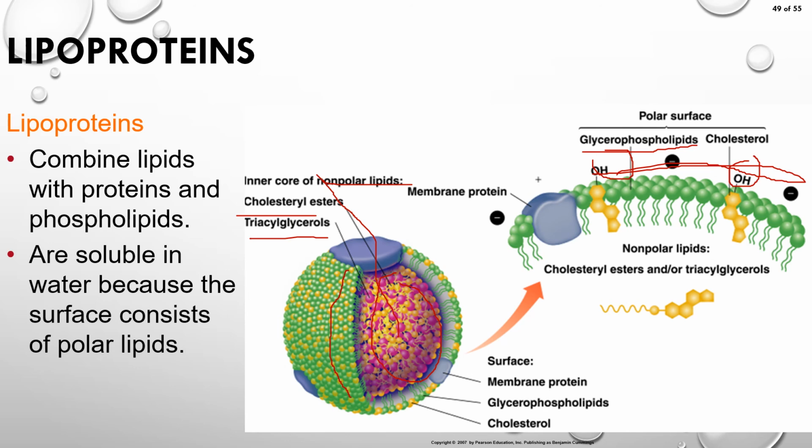Lipoprotein, mura na siya o biochemical assembly whose primary purpose is to transport hydrophobic lipid molecules in water, as in blood plasma or other extracellular fluids. So, halimbawa, ang cholesterol is not soluble in blood.